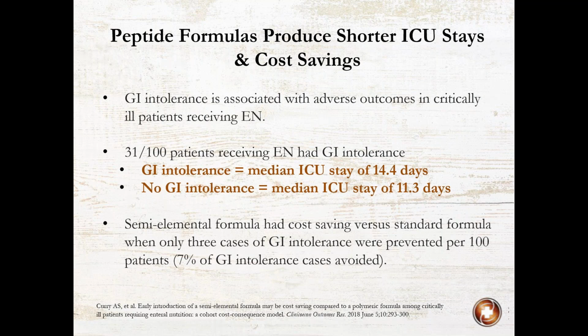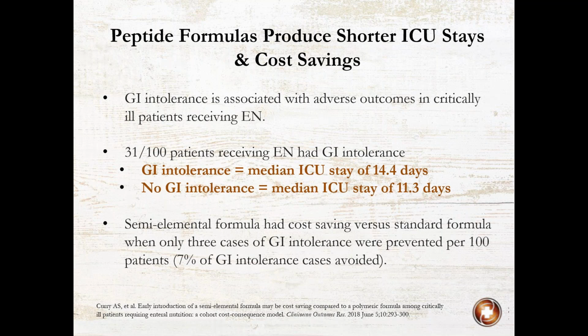And then when we're looking at ICU stays and costs, you know, ICU stays can be pretty expensive. And in this study, they estimated the cost of what an ICU stay is per day. And what they calculated was that one day in the ICU cost about $4,714 per day.